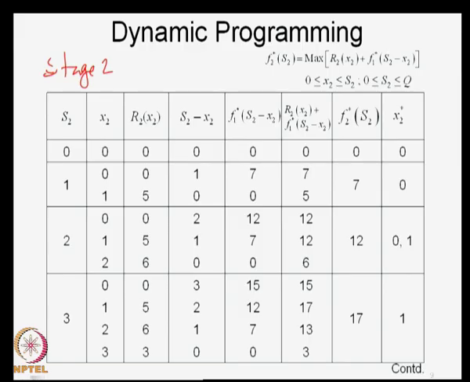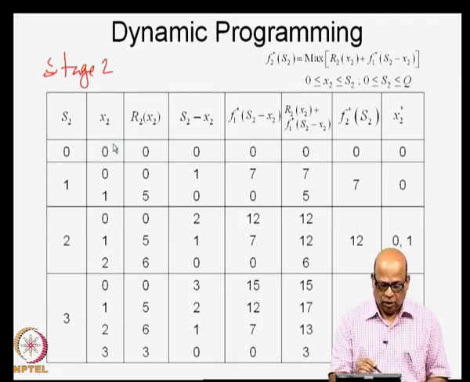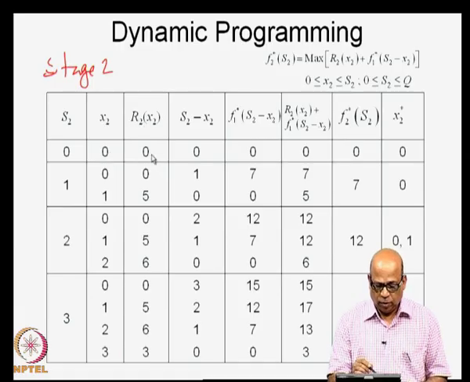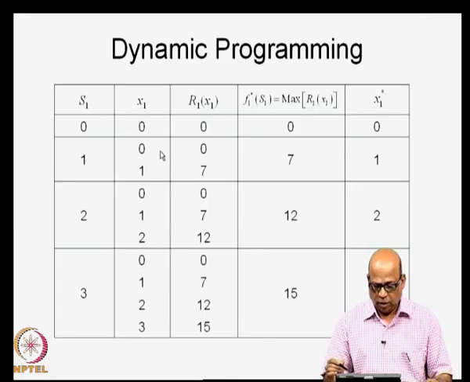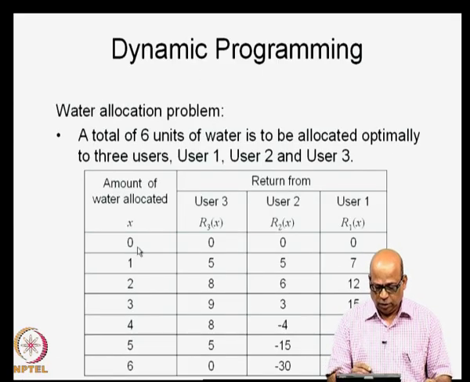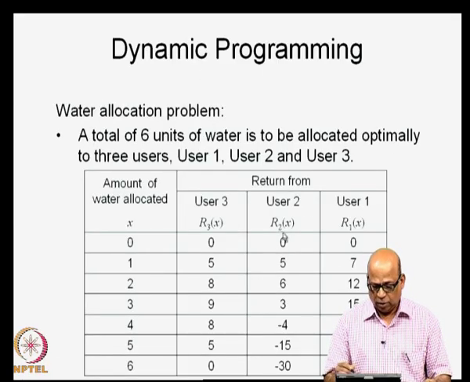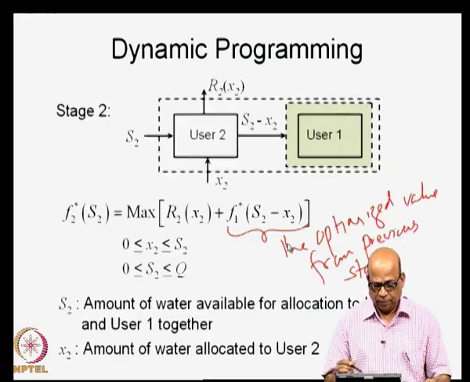So, look at this now. S2 is 0. That means we are saying, if S2 is 0, what should be my x2? X2 cannot be anything other than 0, because x2 takes on values between 0 and S2. So, x2 has to be 0. If x2 is 0, R2 of x2 is 0. This is the return that we get from an allocation of 0 units to user number 2, that is R2 of x2, which is what we are writing here.